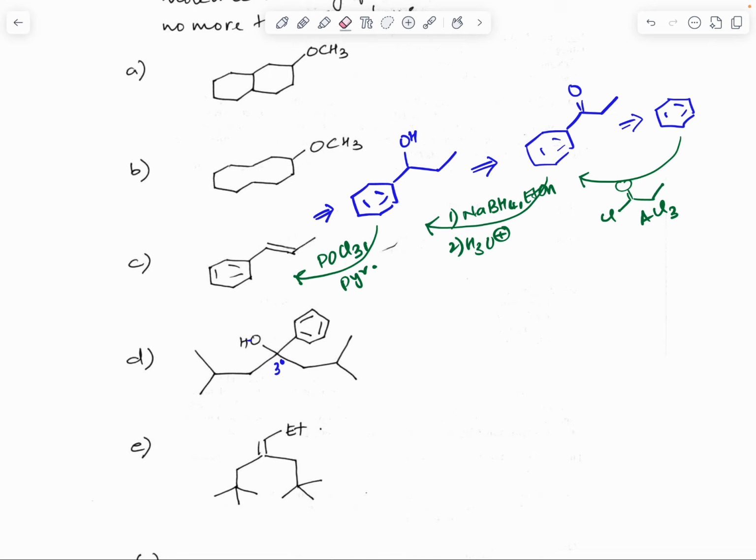So if I draw a little bond between the O and the H, that bond comes down. So that's the C double bond that's going to become the C double bond O of the ester. And then these groups are going to leave this way.